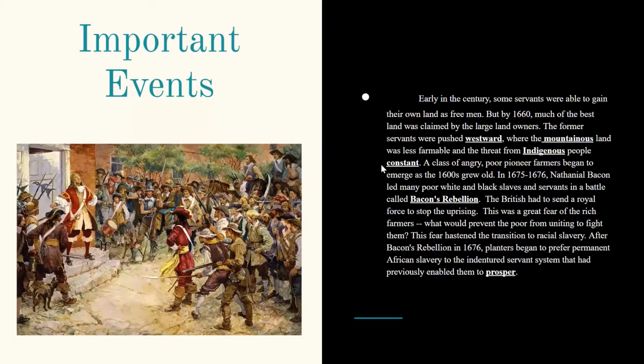What about constant? The threat from indigenous people was constant. What do we think Bacon's Rebellion is? And lastly, what do we think it means to prosper? I want you to think, what replaced indentured servitude? What did we learn from this passage about how indentured servitude ended?